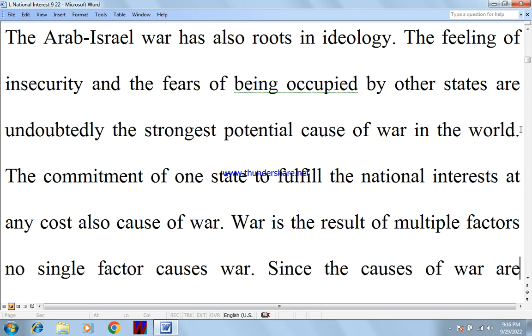The feeling of insecurity and the fear of being occupied or annexed by other states are undoubtedly the strongest potential cause of war in the world. The commitment of one state to fulfill its national interest at any cost also causes war, like the United States invading Afghanistan only to secure its national interest.